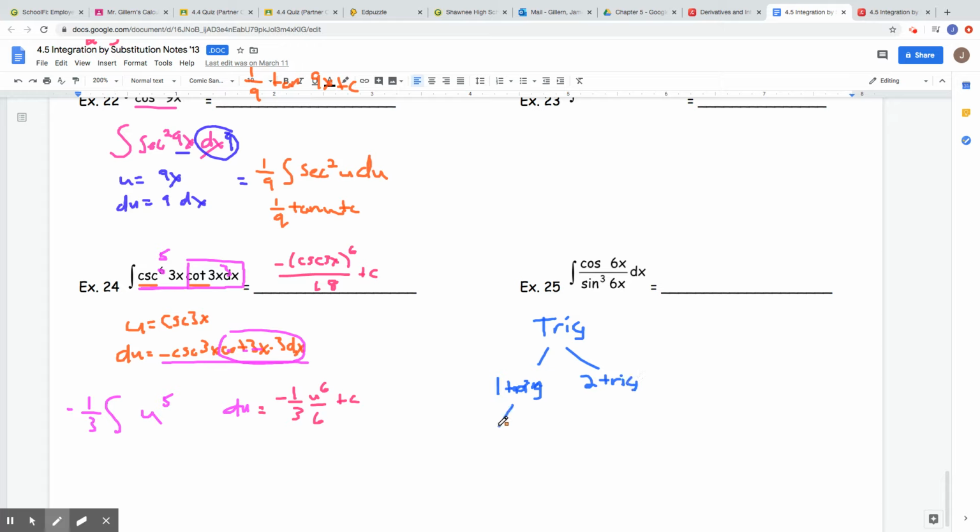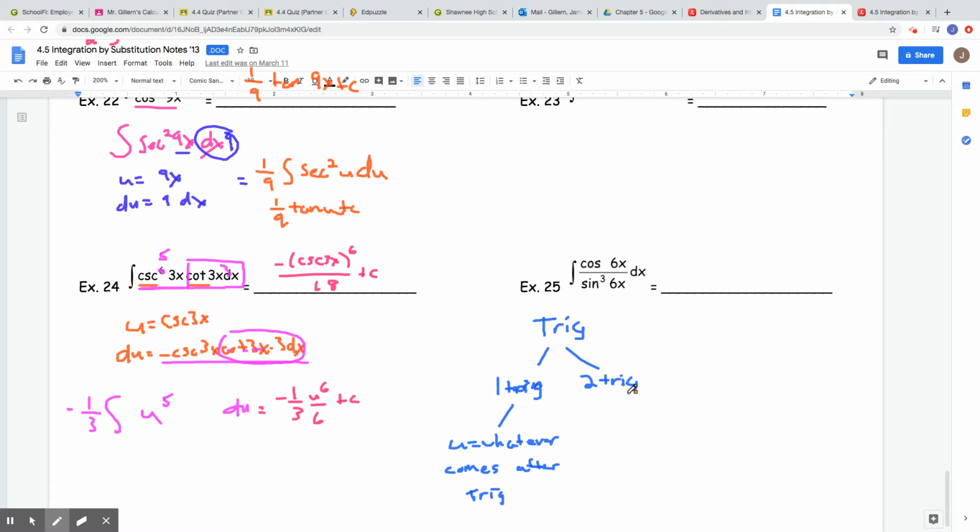Whenever that happens, u equals whatever comes after the trig. It's really hard to write on this, and I'll write this up nicer for you one of the days coming up.